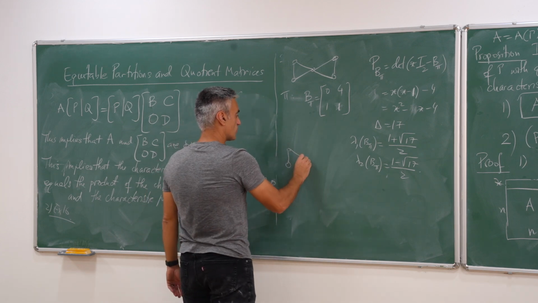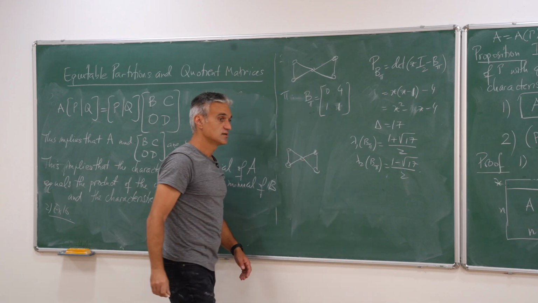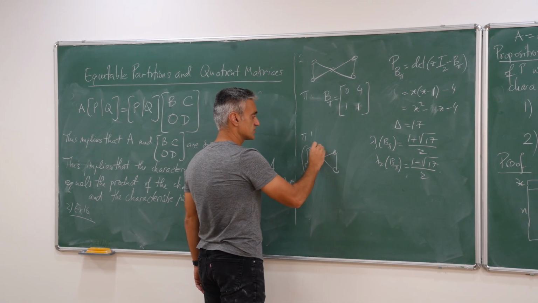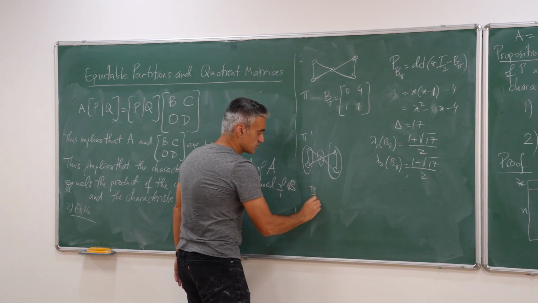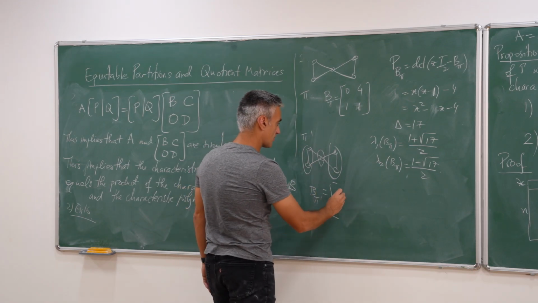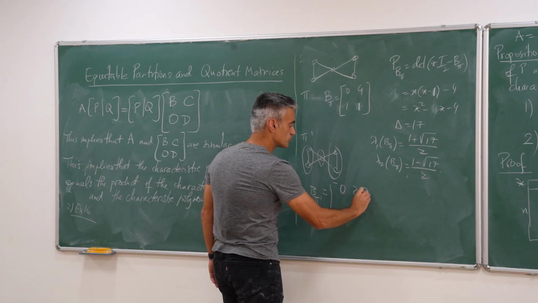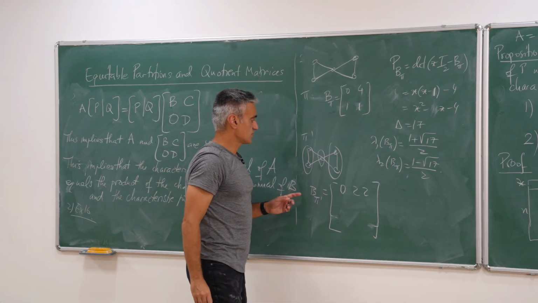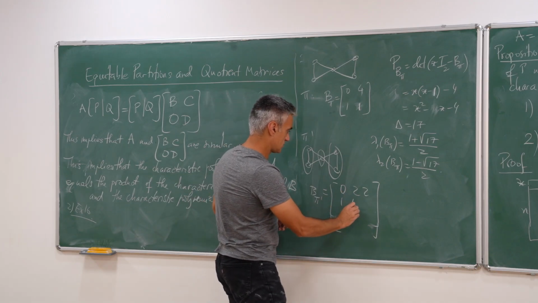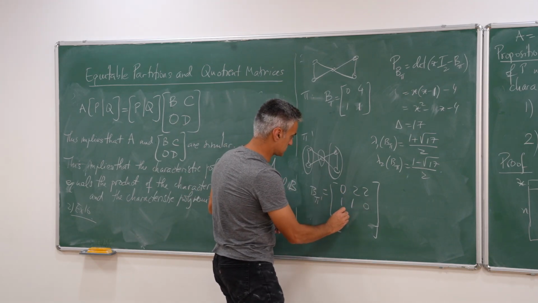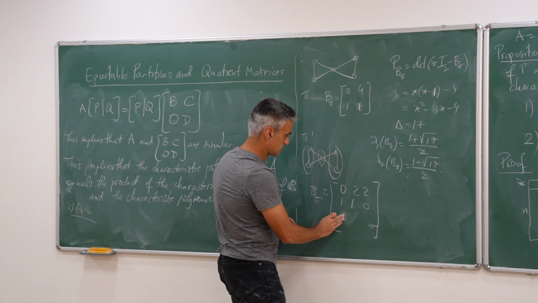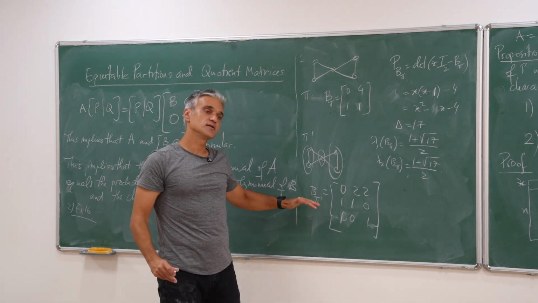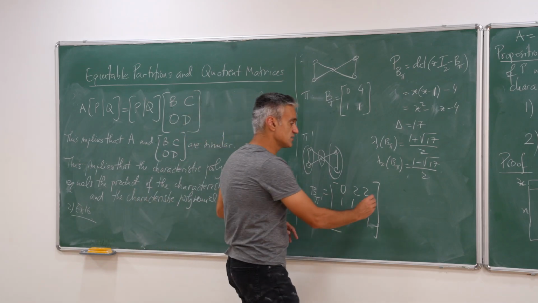Now, what about this other partition that we did? This B prime was 0, 2, 2, then 1, 1, 0, then 0, 1, 0, 1. Now I'll leave it to you as exercise 18.